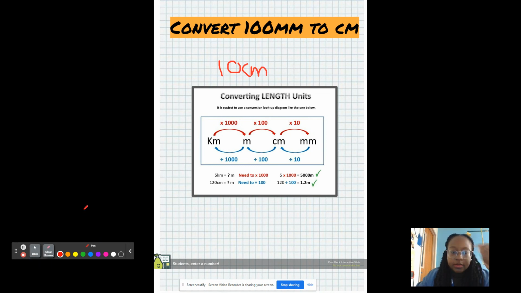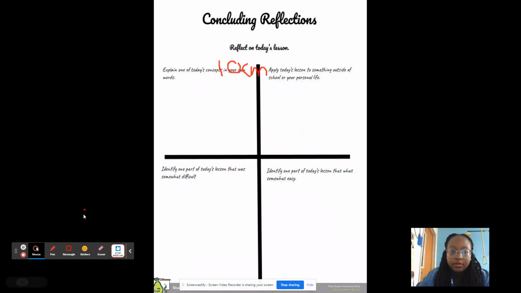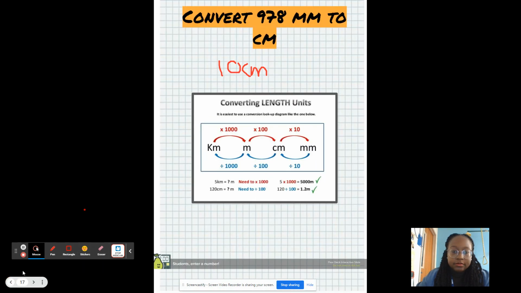Okay, and then I'll give you another moment to solve for this one, 978 millimeters to centimeters. And again, you're going to go millimeters divided by 10.